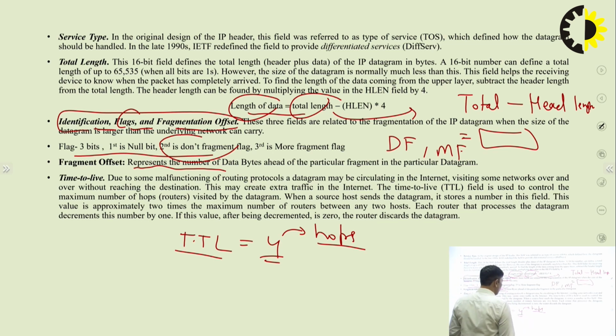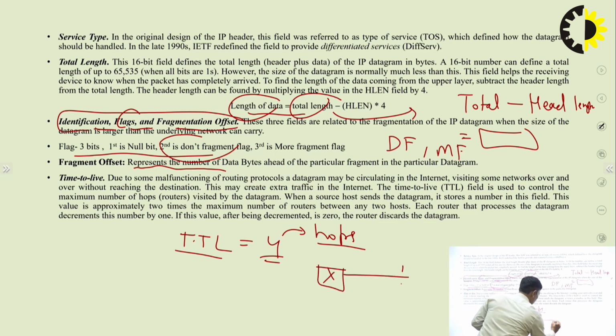After 4 routers, if it does not succeed in being delivered to the destination, then that packet is destroyed or discarded. For example, suppose there is a router. This is the router.